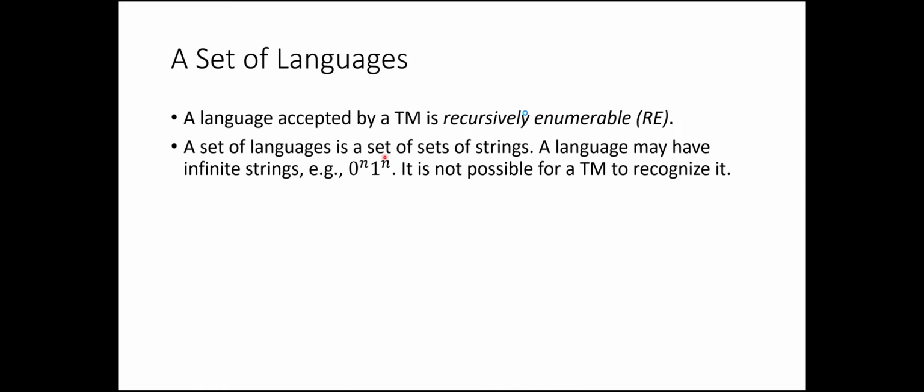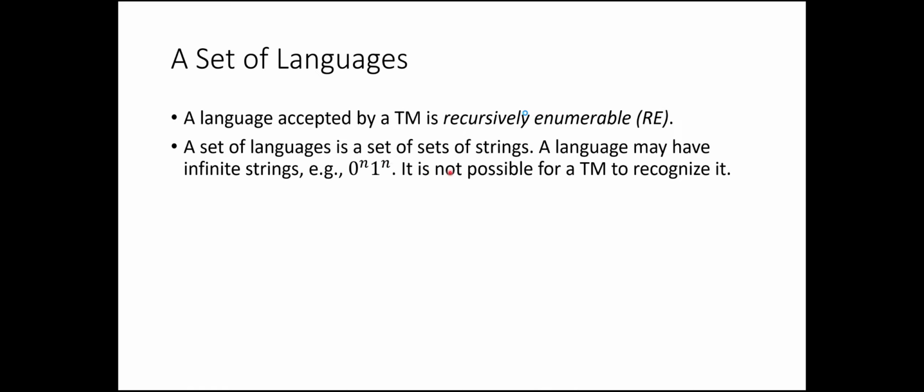So now you have a set of sets of strings. Okay, so a language may have infinite strings. For example, 0^n 1^n, where n could be 0, 1, 2, 3, all the way up to infinity. So this language contains an infinite number of strings.